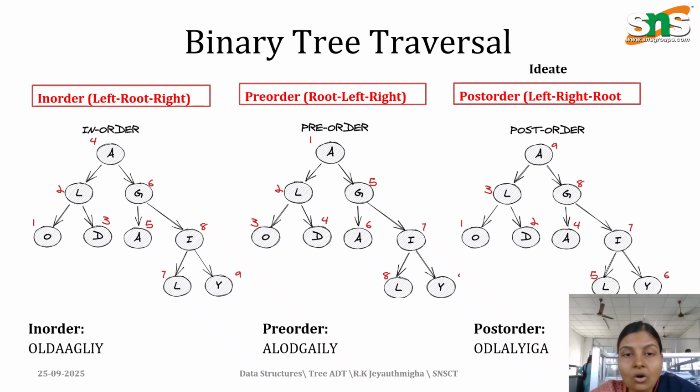In a pre-order traversal, we first visit the root node, then traverse the left subtree and then the right subtree. In post-order, we traverse the left and right subtrees and then go to the root node.